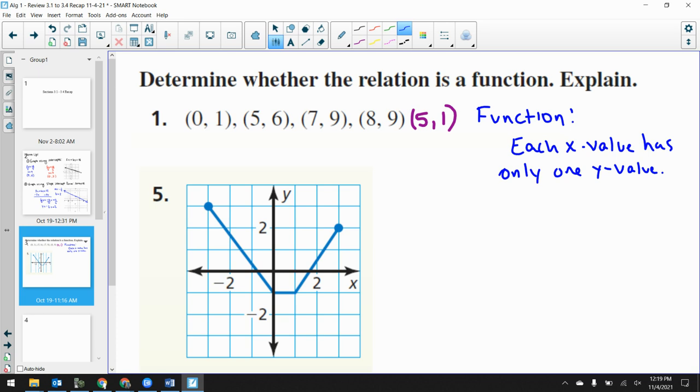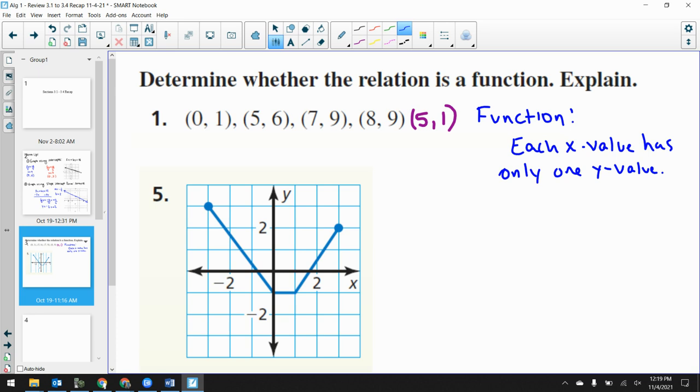Let's take a look at A, B, and C here. First off, Corey, is this a function? Yes. Well, those are the 2 options, Corey. You are correct, it's either no or yes. You say yes. Why? Because it says explain.